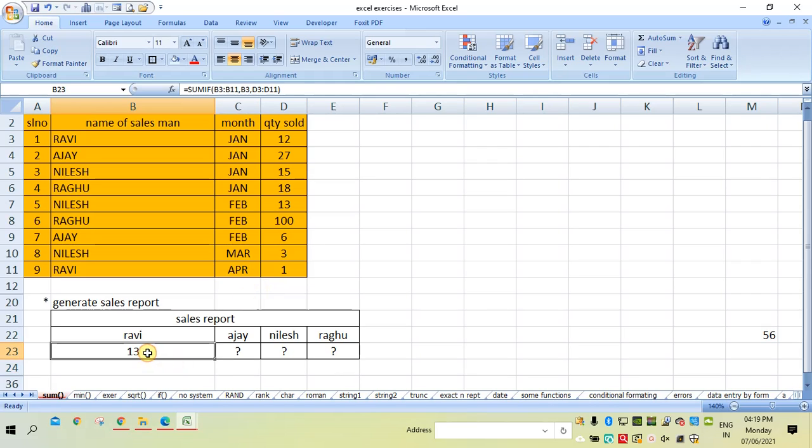It is because you can see in January he sold 12, next here 1, so the total is 13. Similarly we can find it for the remaining. Here I will show you how to get the remaining candidates' total sales.